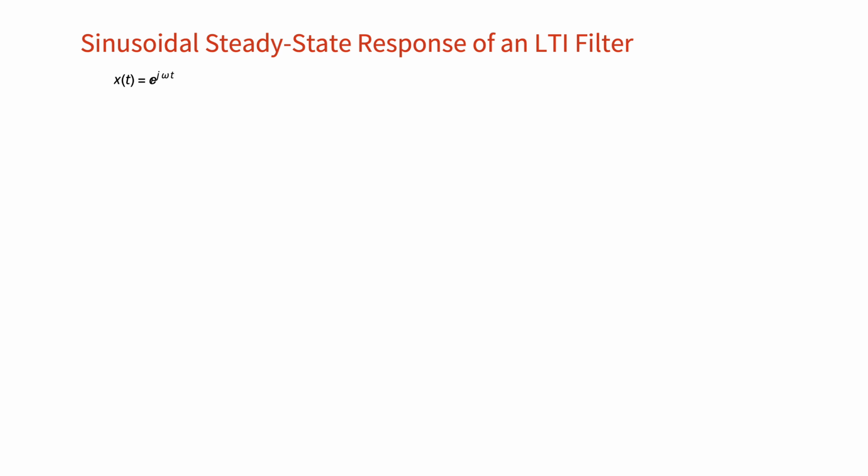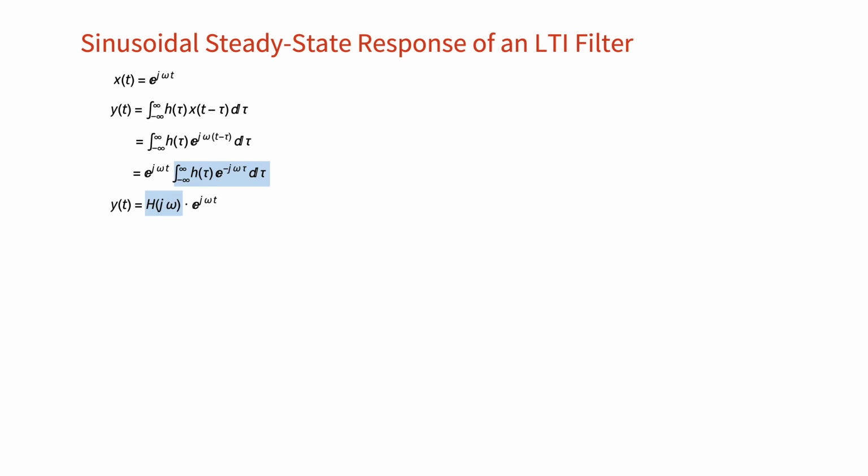Now consider an LTI system with an input of the form e to the power j omega t. The output will be obtained using the convolution integral, and if we substitute the value of the input in the convolution integral and simplify, note that the integral is simply the Fourier transform of h of t.